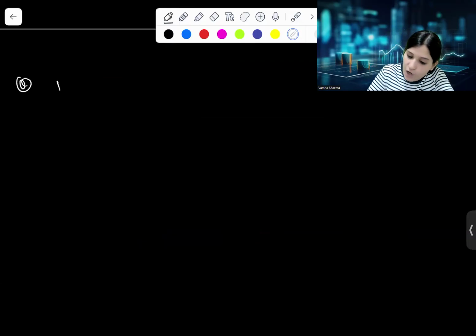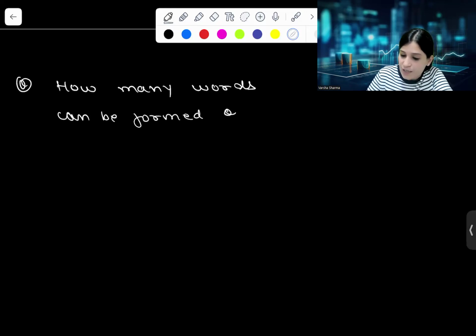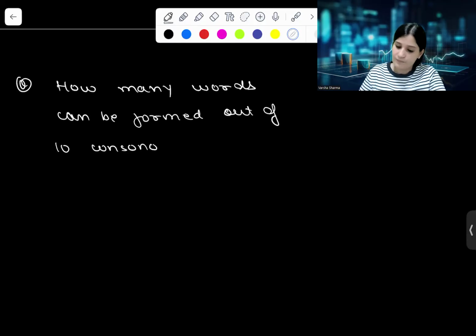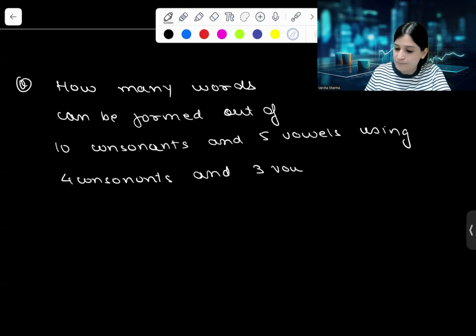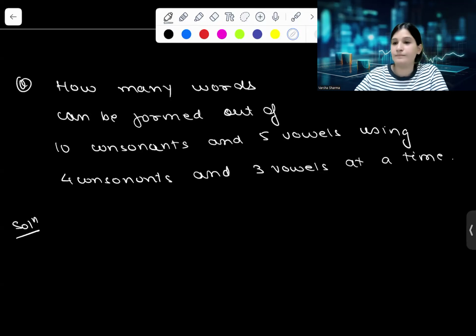For example, how many words can be formed out of 10 consonants and 5 vowels using 4 consonants and 3 vowels at a time. Right. How many words can be formed?